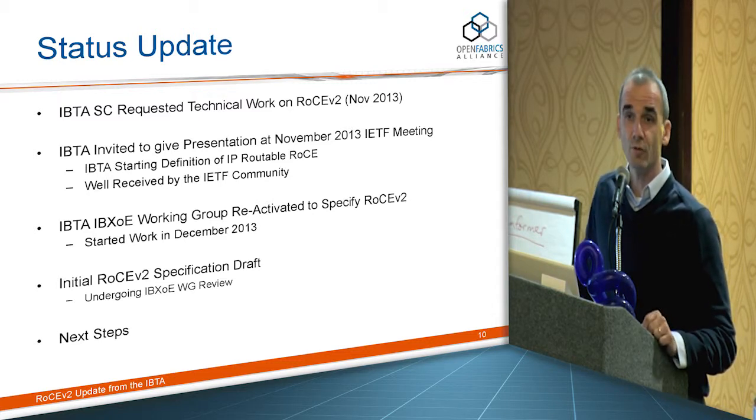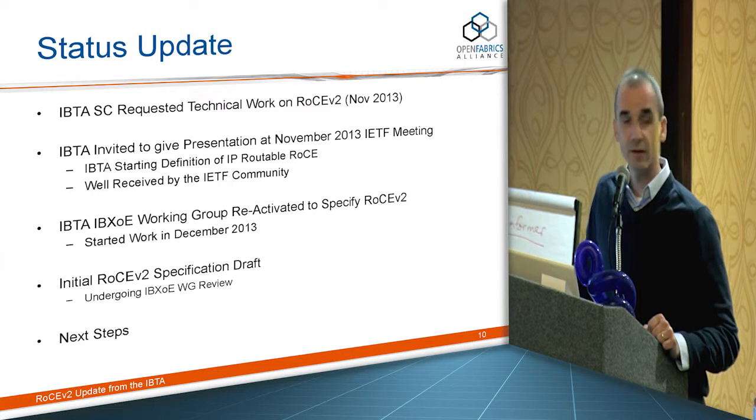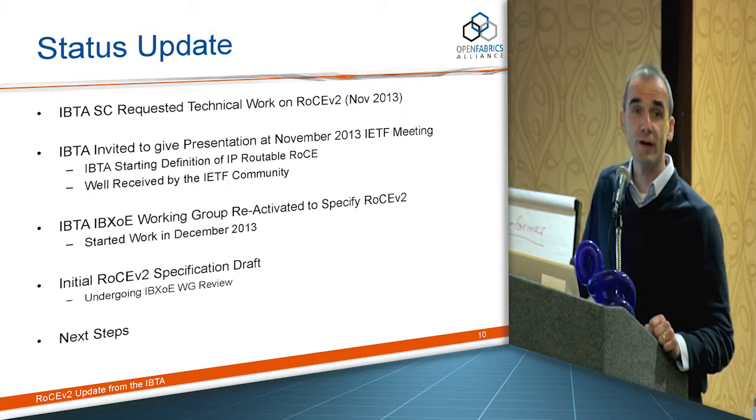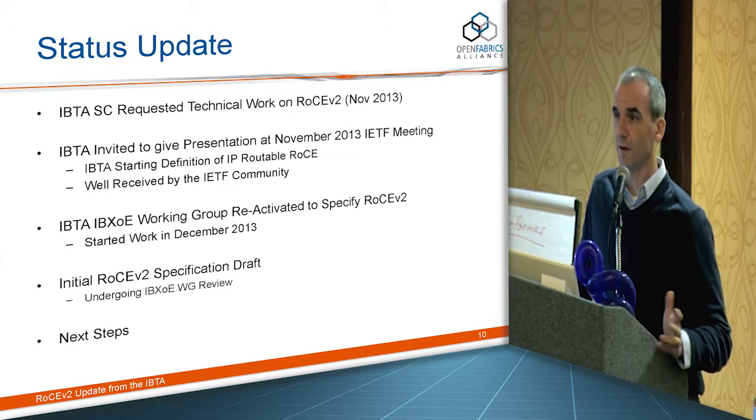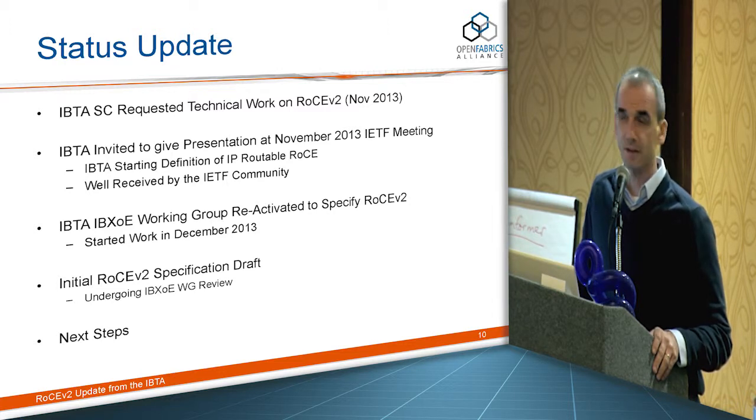The IBXOE working group that had defined the RoCEv1 spec was reactivated, and we started working in December of last year. And we have an initial draft of the RoCEv2 spec that is under review by the working group. And we expect to follow on with wider audience reviews and eventually publication of the standard soon.